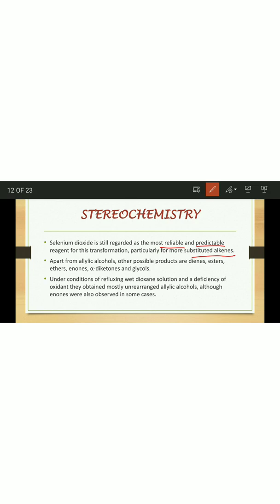A number of studies have been carried out for the same. We can see that selenium dioxide produces unrearranged allylic alcohols, an ene reaction and 2,3-sigmatropic rearrangement sequence being the probable major pathway.